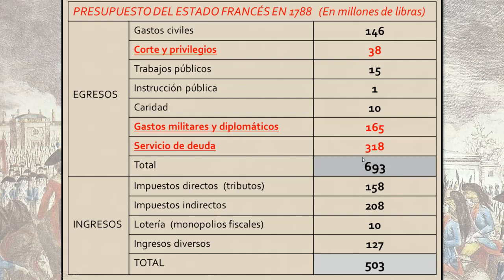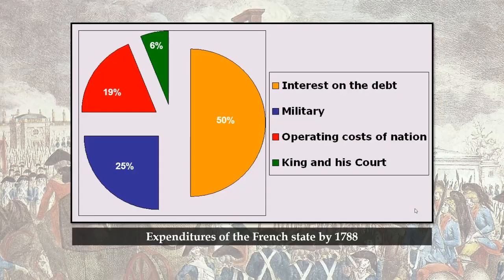The crown was in deficit. As you can see, they are spending way more money than they are getting. So the expenditures are way higher than the incomes. This means deficit. And if you don't have money and you keep spending money, you are getting into a problem.